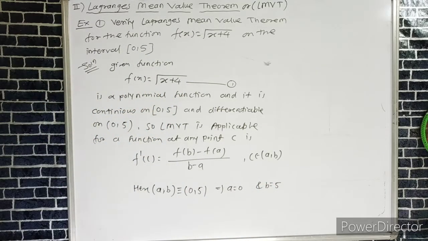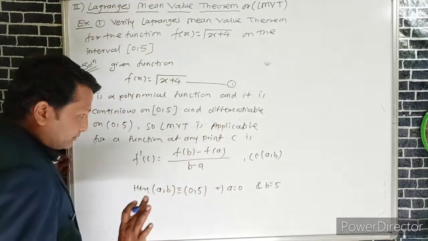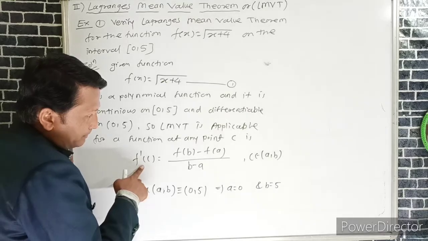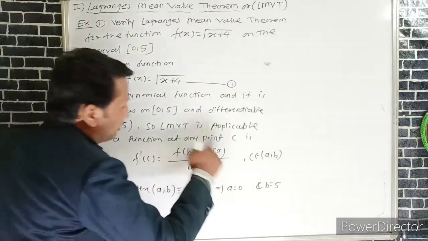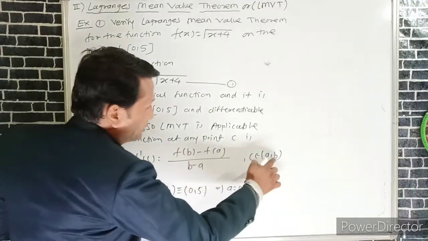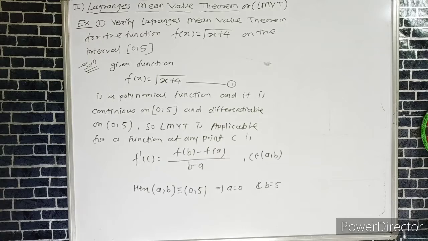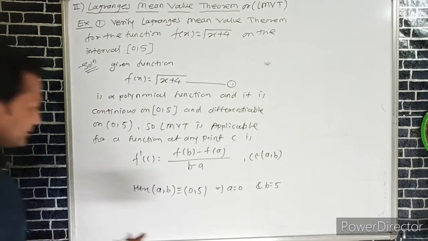Here we have to verify this whole condition, so we have to calculate the value of f dash of c, f of b, and f of a, where the value of b is 5 and the value of a is 0. So first we take the given function f of x.